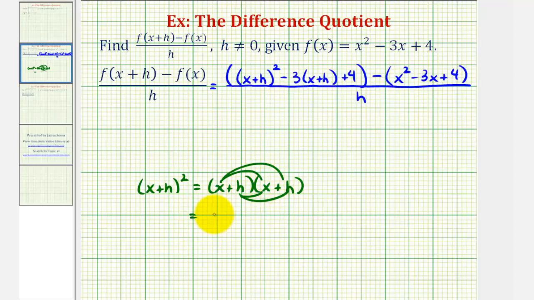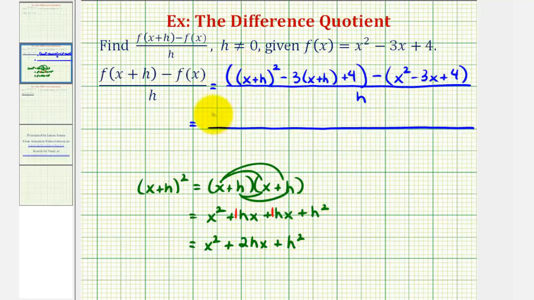So x times x is x squared. X times h is plus hx. H times x is another plus hx. And then finally plus h squared. So we'll have x squared plus, we have 1hx plus 1hx, that's 2hx, plus h squared.